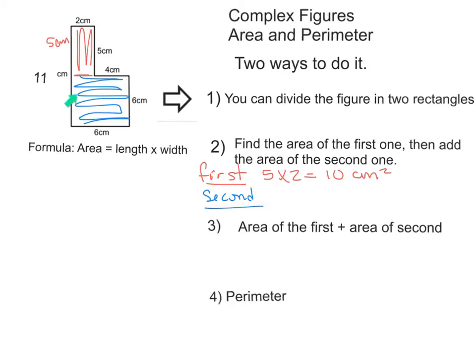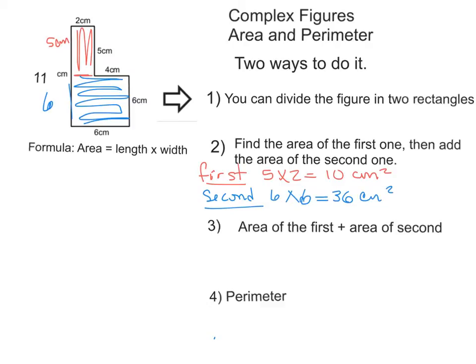is 6 on this side and 6 on this side. So if I have 6 on this side, I will say 6 times 6, which is 36 centimeters square.